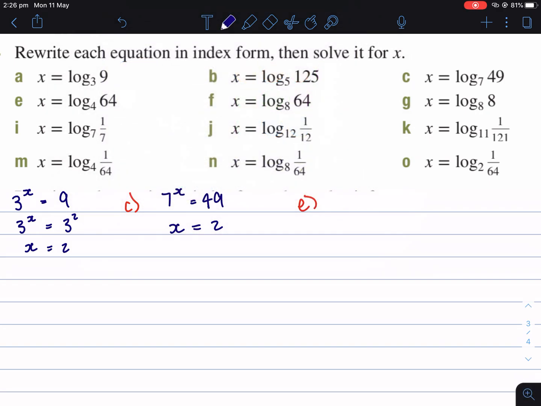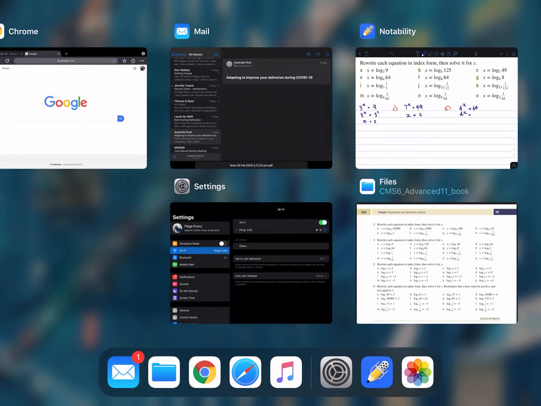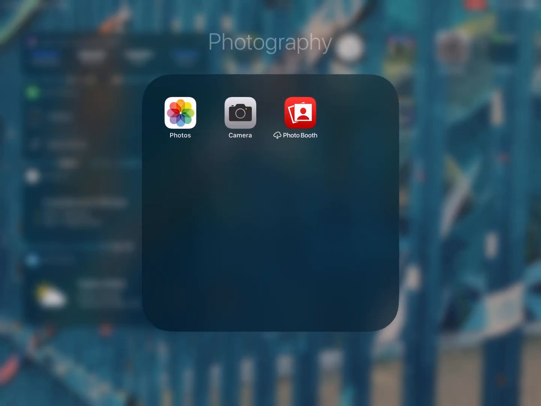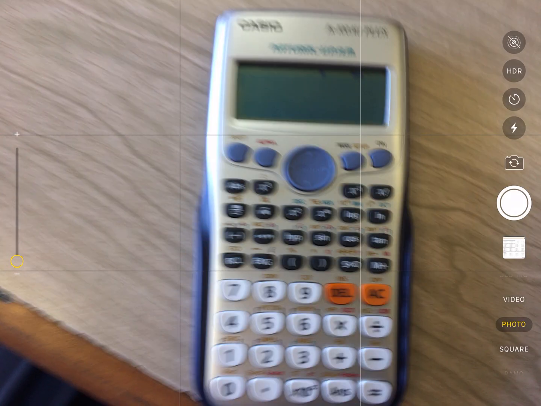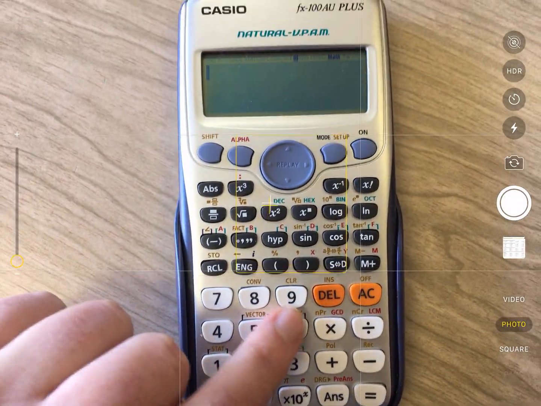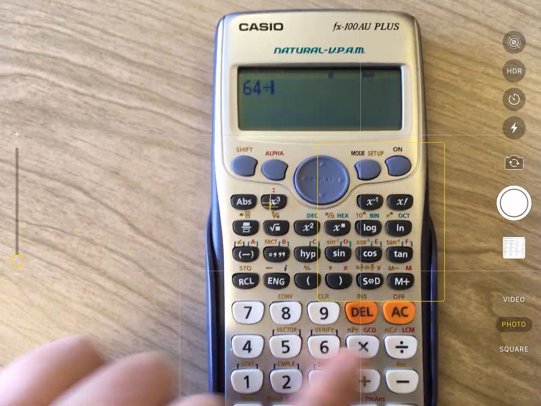Log base 4 of 64. I don't need to write that, that's the question. Why am I writing the question? So I've got 4 to the x equals 64. If you ever wonder about this, by the way, you can just get your calculator out. So we've got 64. And we're going to divide it by 4 repeatedly.